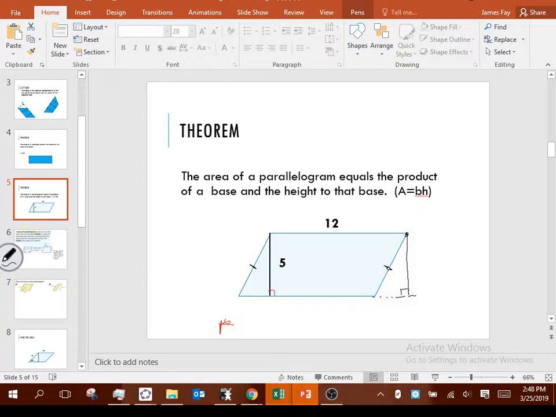It's a theorem. What do those come from? What shape do those two sides come from? They're both transversals that are the same angle on the same parallel line.